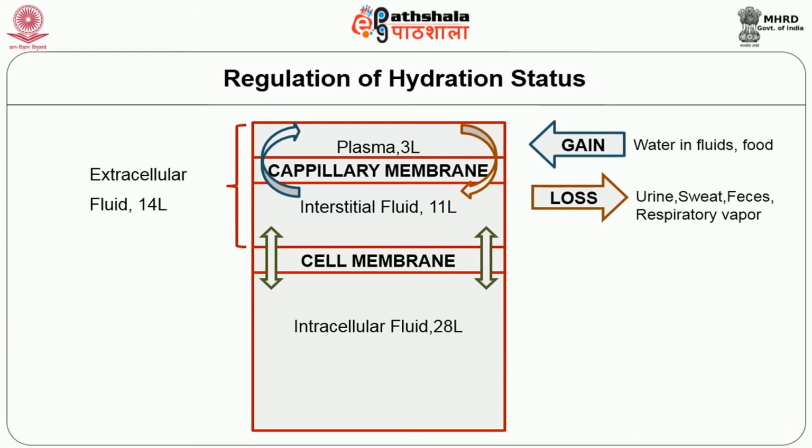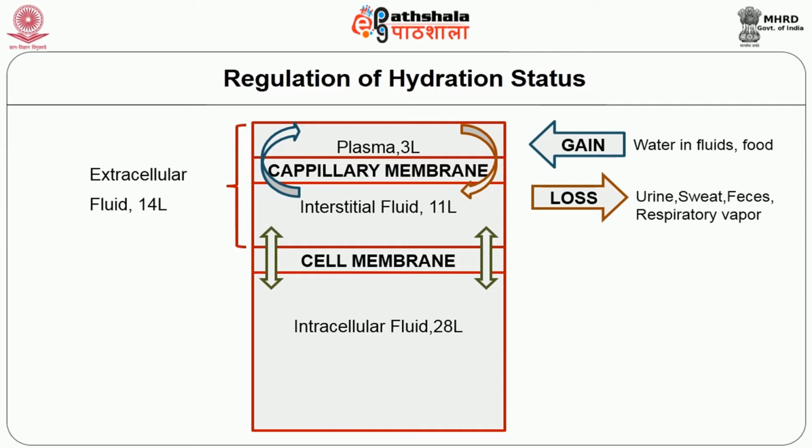This figure shows you the body fluid compartments, which comprise about 42 liters of total body water in a human weighing 70 kg. When you look at this figure, the body is divided into two compartments, the extracellular and the intracellular fluid.